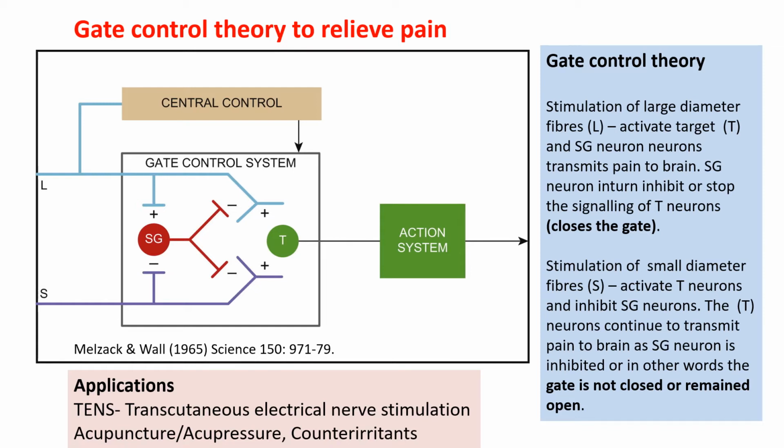The opening of the gate is in command with the small diameter fibers. That means the gate is not closed. Whereas the large diameter fibers, A beta fibers, would close the gate, so that the onward transmission of the painful or nociceptive information to the higher ups is prevented.